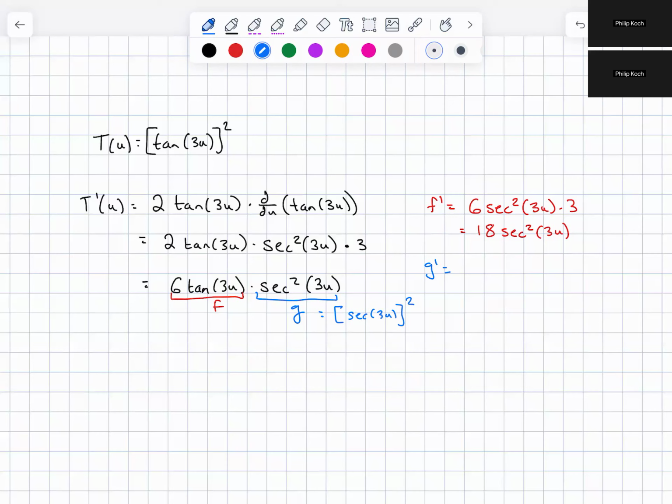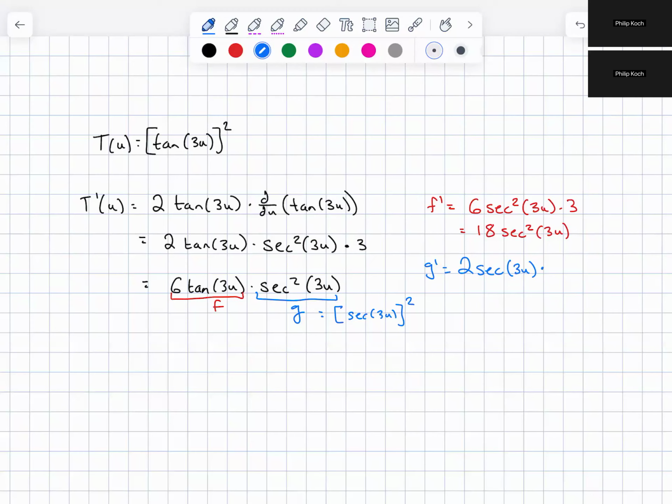So remember, whenever you've got a trig function with a number in between the trig function and the inside of the trig, like secant squared of 3u, that's really saying secant of 3u to the quantity squared. So it's going to require a chain rule. That's going to be 2 secant of 3u to the first power times the derivative of secant 3u.